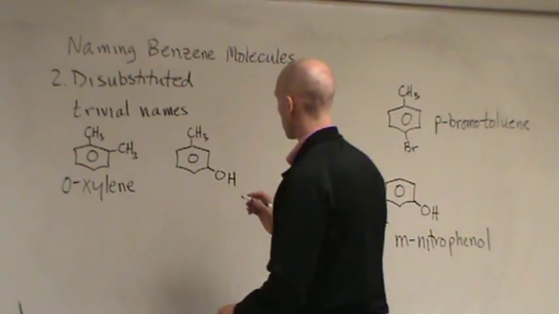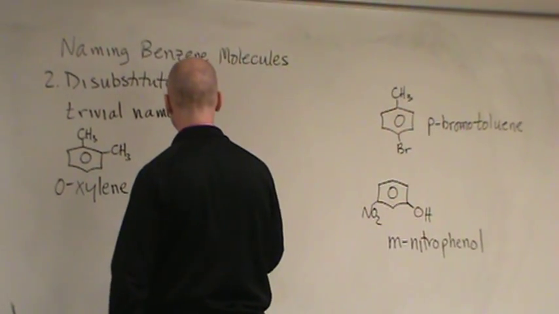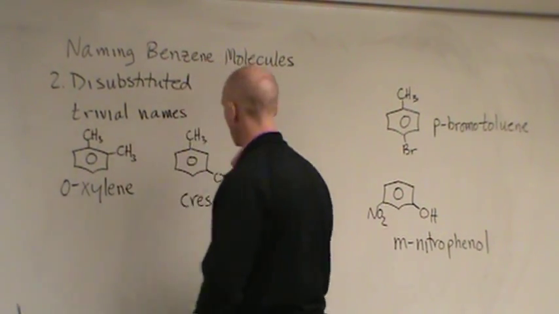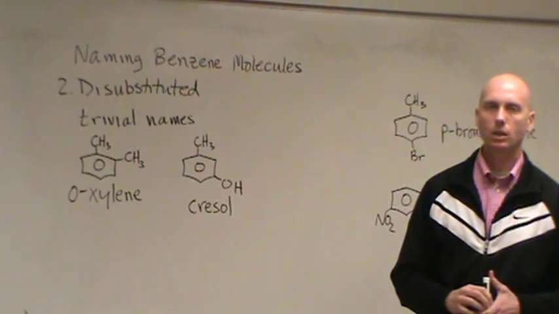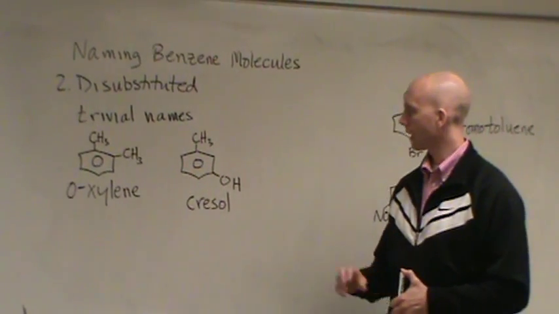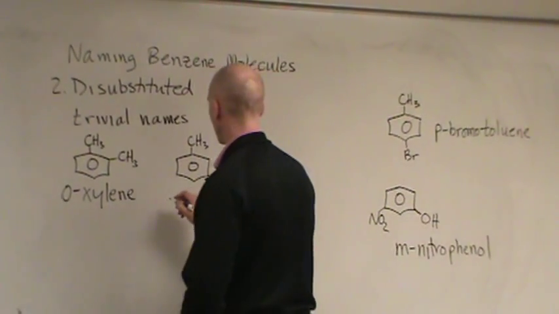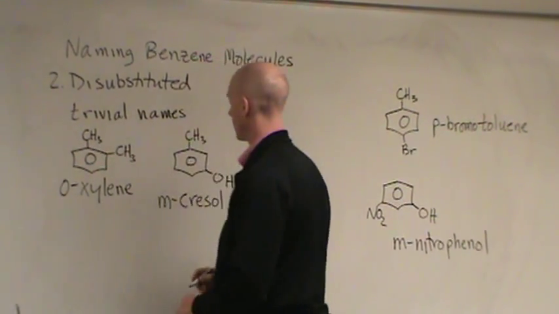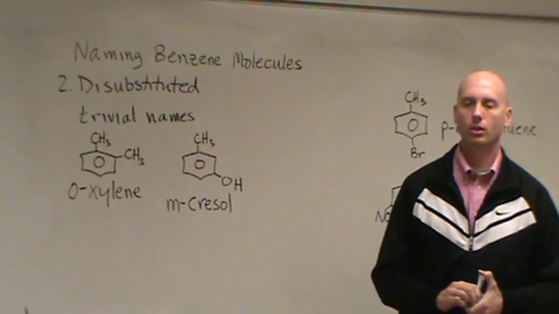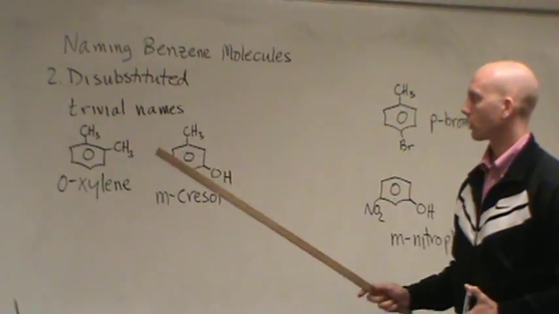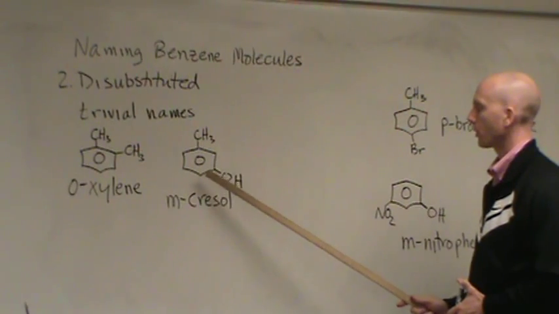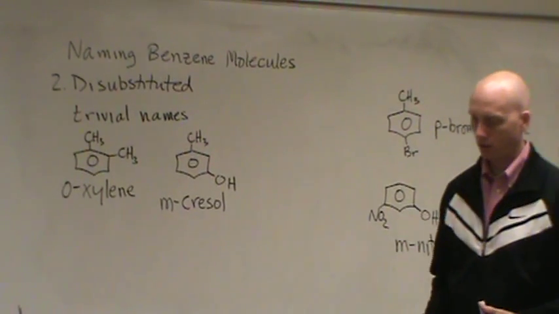This is what's called cresol. Cresol. What kind of cresol do we have? Yes, this is the meta one. So we'll put an m in front. So you should be able to draw also ortho and para cresol.